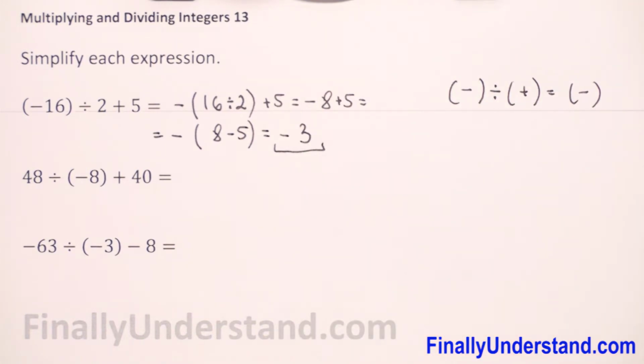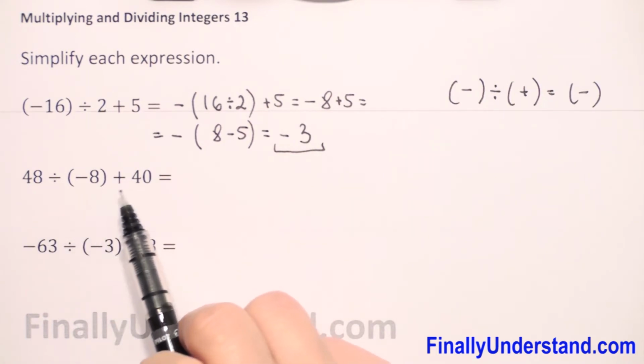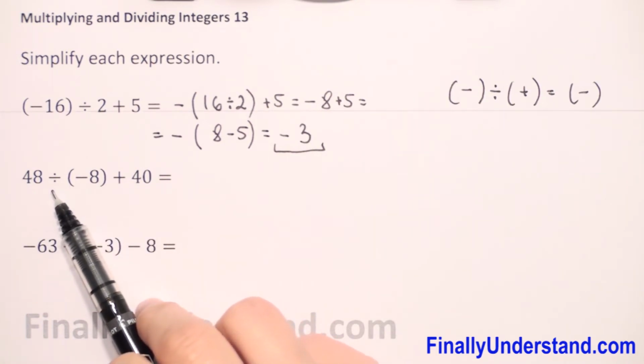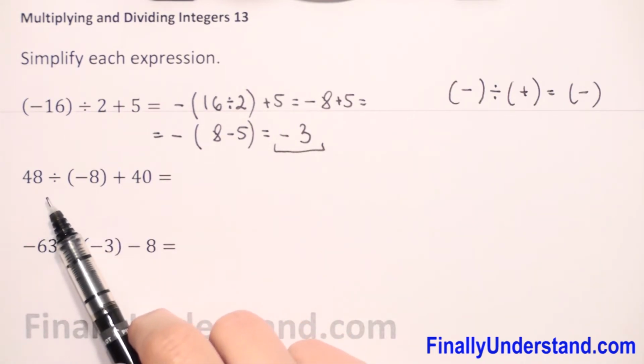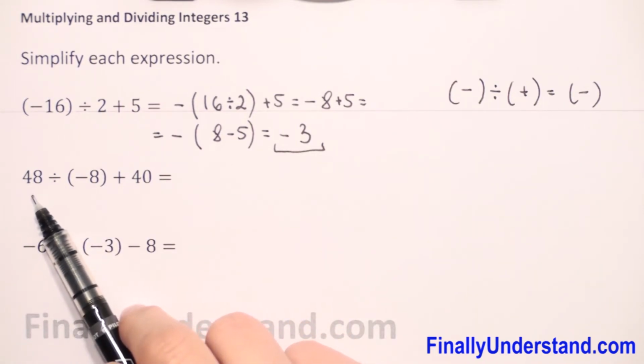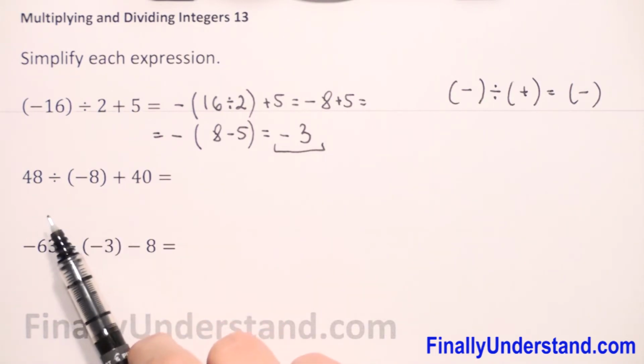Next example. We have 48 divided by negative 8 plus 4. We have division and addition. First, we have to do division. So we have 48 divided by negative 8. So first, remember the rule.